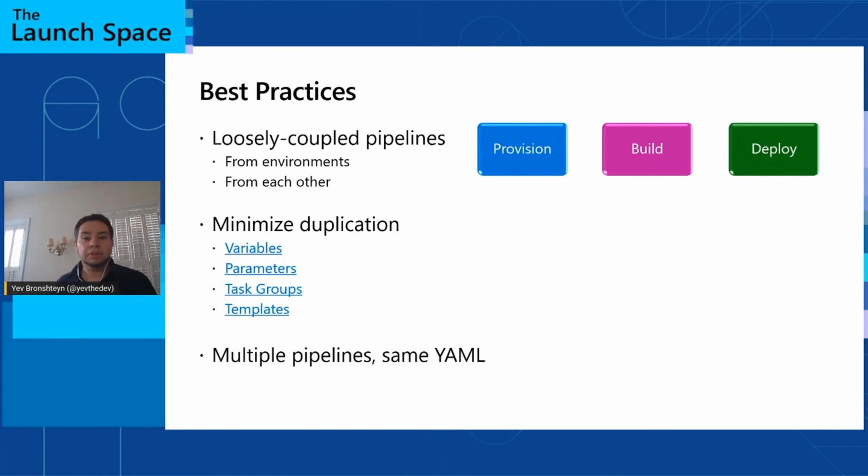And keep in mind, if you have YAML pipelines, you can create multiple pipelines with the same YAML file, where only some variable values can change. This will allow you, for example, to create a provisioning pipeline for your test environment, your QA environment, and your production environment, all with the same YAML. But each pipeline can have different permissions so that only the users who are allowed to touch that particular environment can run that pipeline.